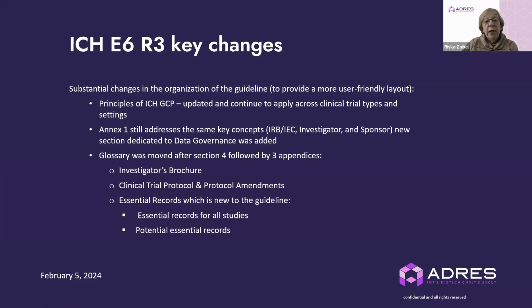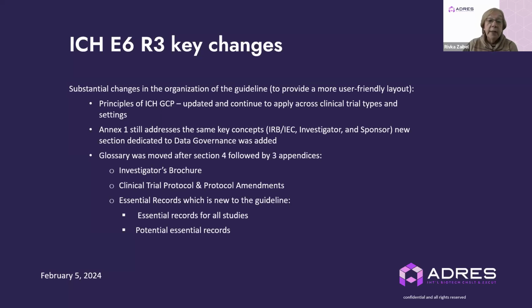The key changes are substantial changes in the organization of the guideline to provide a more user-friendly layout, and the principles of ICH GCP updated and continued to apply across clinical trial types and settings.